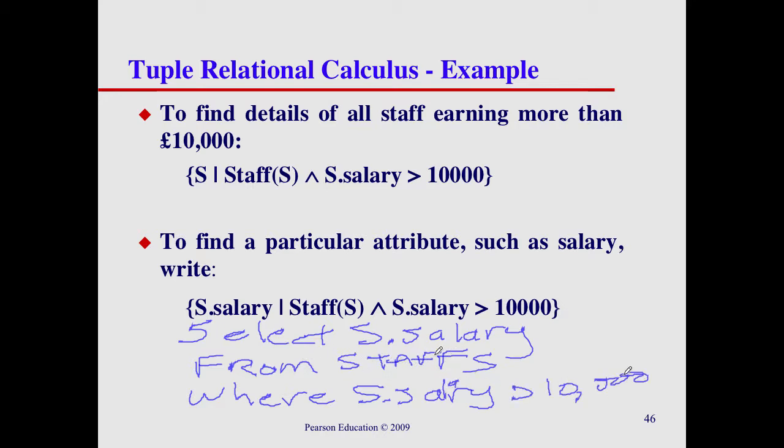So all we're doing, in effect, up here is we're taking the from statement and the where statement and putting them together using an and clause. And everything that appears in the select list goes to the left of the vertical bar. Everything that goes in the from statement and the where statement goes on the right side.